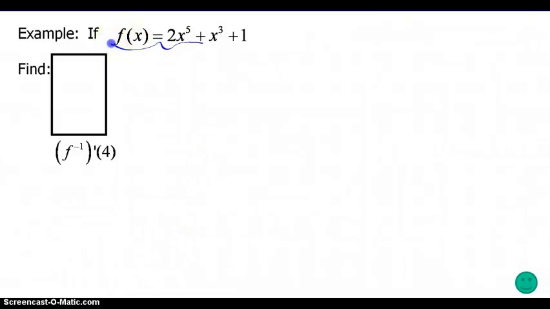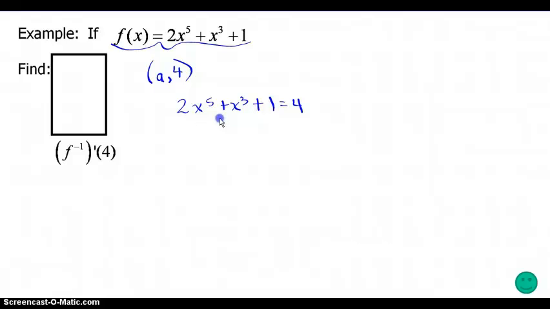Here's another function, f of x, and they want us to find f inverse prime at 4. Again, we have some point on f, that is (a, 4). So we're going to take our f function and set it equal to 4, and we're going to find out what x is.